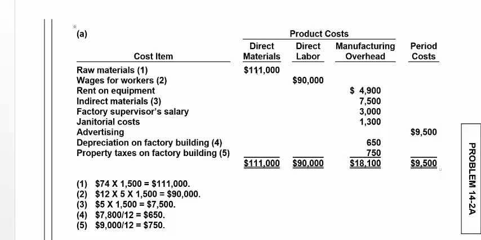If you needed to double check the numbers, I do want you guys to notice here that we've got number 4 and number 5, which was for the depreciation expense. Was given as an annual number. Therefore, we need to take it and divide it by 12.